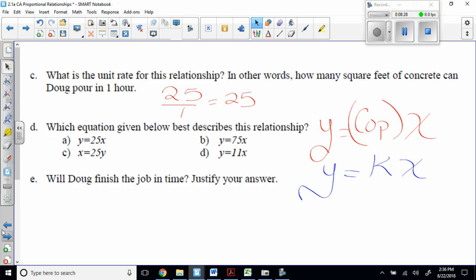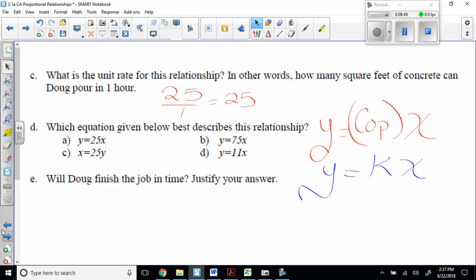It's nothing more than the y and the x, and the coefficient of the x is the constant of proportionality, or the unit rate. So which one of these would be the equation for the problem that we just worked?